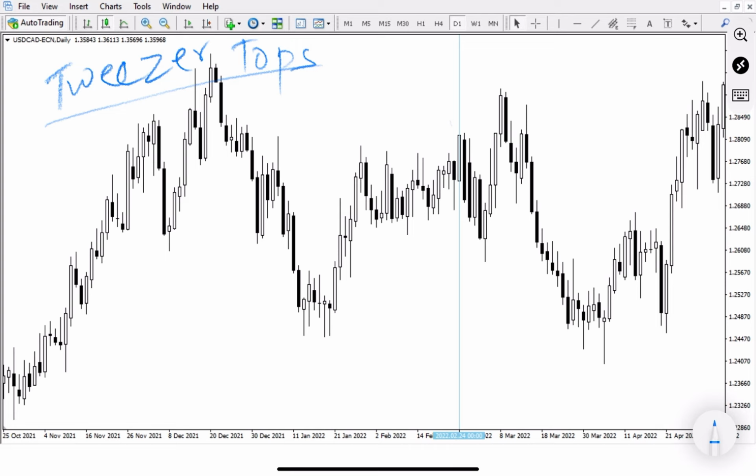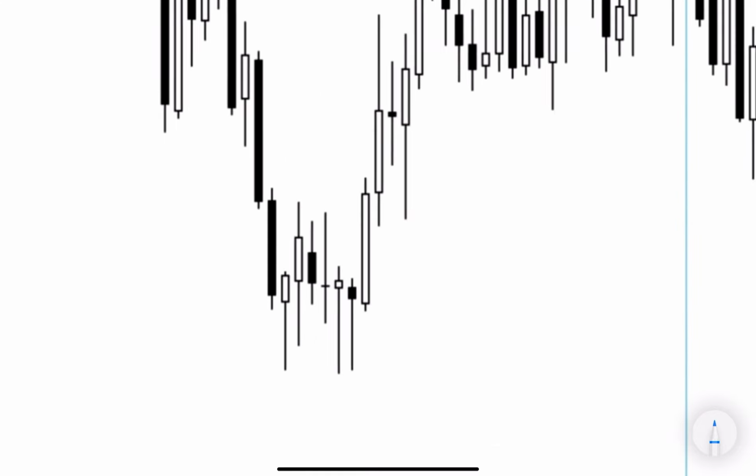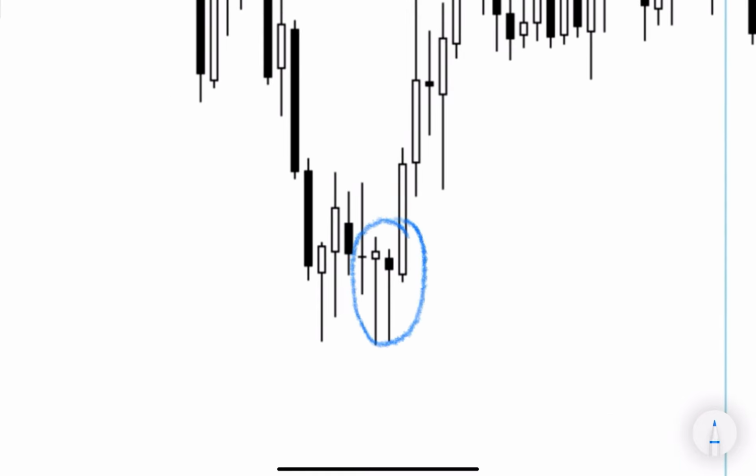First of all, you'll have to understand what a tweezer top is and how it actually looks. So it looks like this. See this? This could have been a tweezer top. They appear like this.